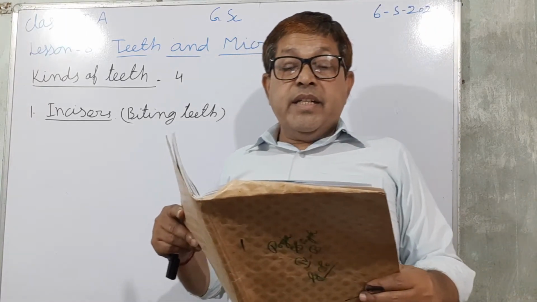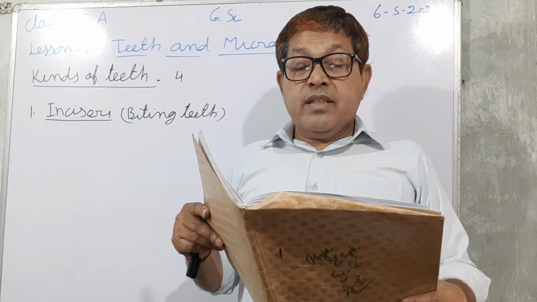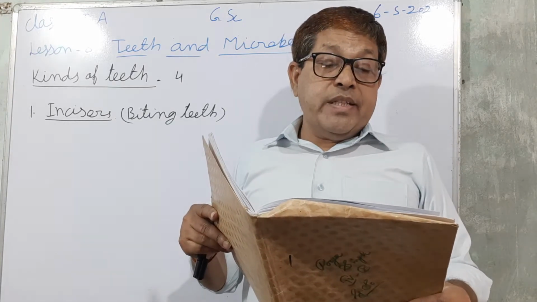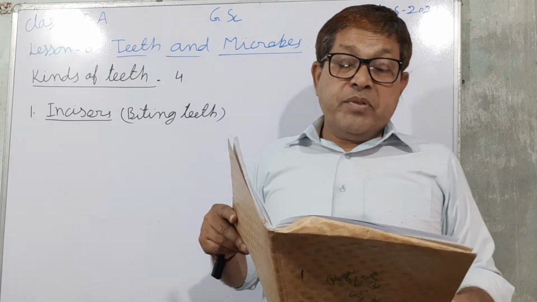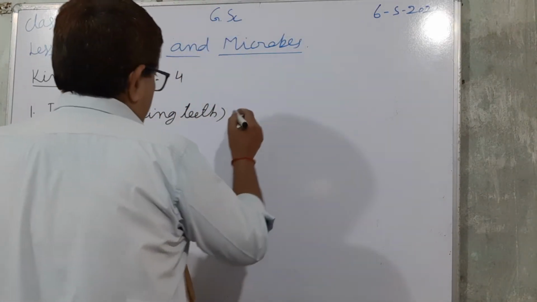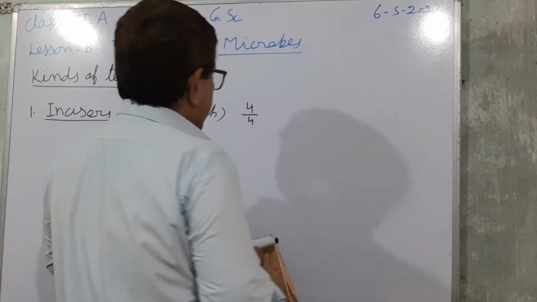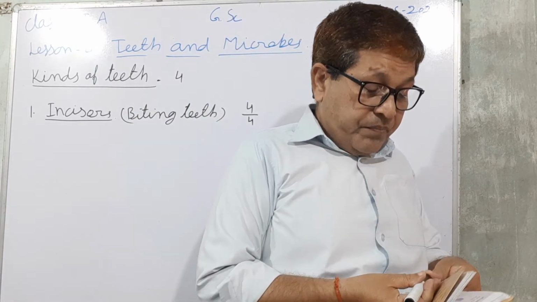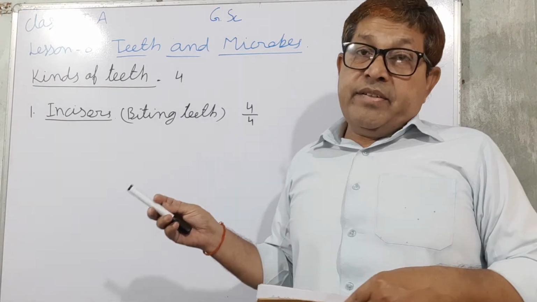They are eight in number, four teeth each in the upper and lower jaws. These teeth help in biting the food. Its number is 4 in the upper jaw and 4 in the lower jaw. It is meant for biting.